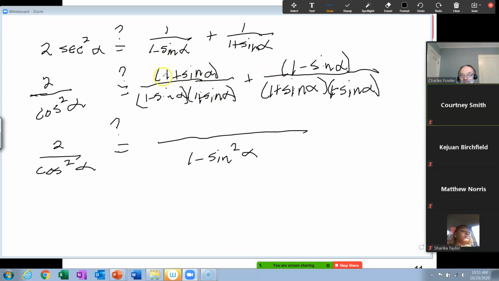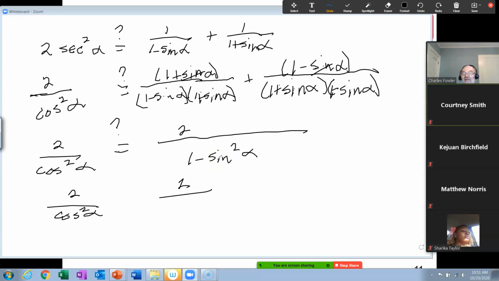Here you have a 1 plus 1, that would be 2. Here you have a plus sine alpha plus a minus sine alpha. Those add to 0. Uh-oh, look at this. This is 2 over cosine squared alpha. That's what we had here. Over here we have 2 over, well, what's 1 minus sine squared?